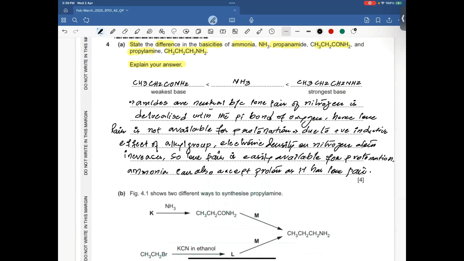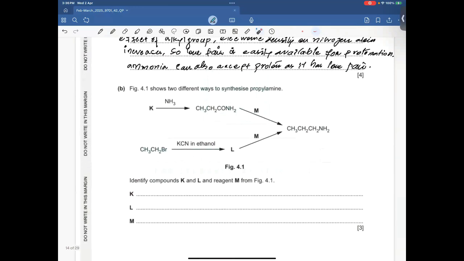Obviously, both propylamine and ammonia have a lone pair, but the lone pair in propylamine has greater affinity for protonation as compared to ammonia because of the positive inductive effect of the electron-donating alkyl group.